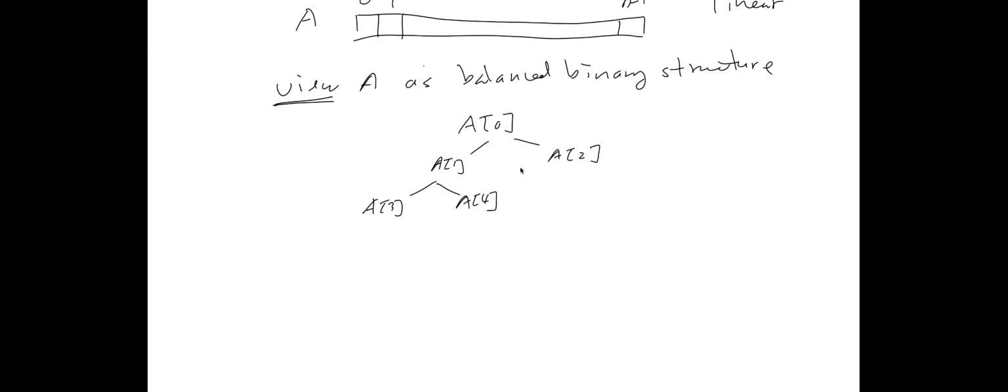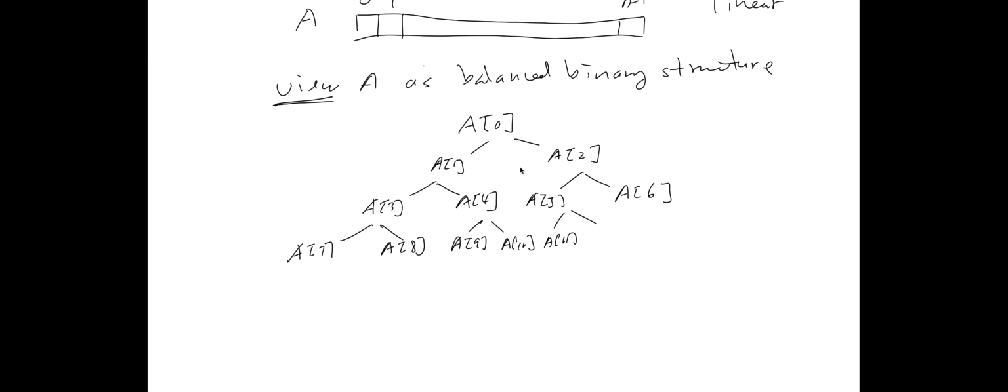And then this would be A5 and A6. We keep on doing this. So this is going to be 7, 8, 9, 10, 11, 12, 13, 14, and so on.